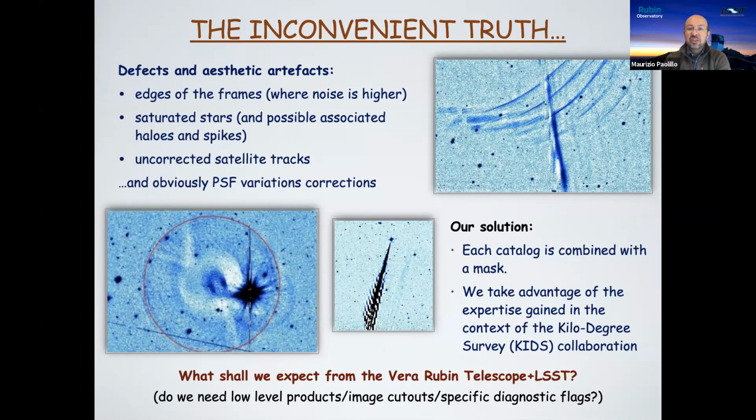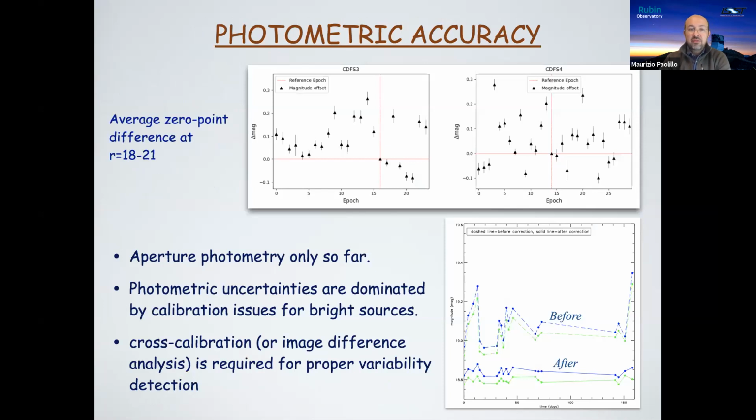After correcting all of this, you have to take into account the zero-point offset that comes with problems in calibration, which is a few tenths of a magnitude. What we did was a very basic approach, nothing compared with what Gordon was talking about earlier.